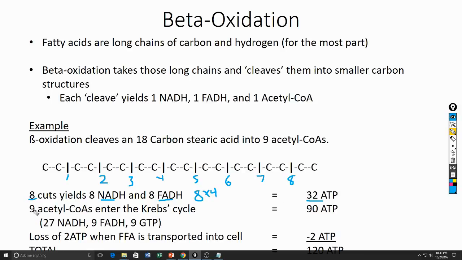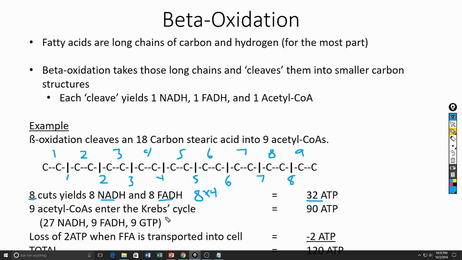Now, we have 9 acetyl-CoAs, which you get here: 1, 2, 3, 4, 5, 6, 7, 8, and 9. Each turn of the Krebs cycle yields about 10 ATP, all said and done, between 3 NADHs, 1 FADH, and the ATP.